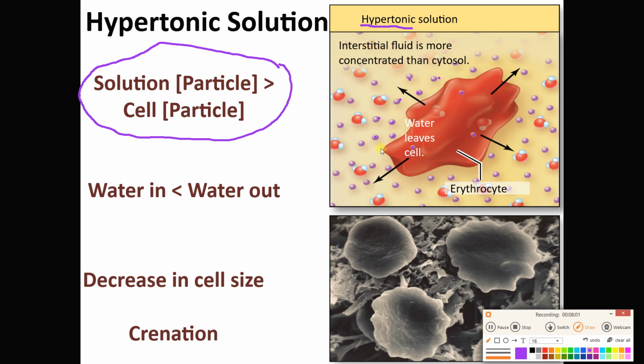So what's going to happen to the cell? It's going to shrink. These cells are shriveling up. The cell gets smaller, and that decrease in cell size is called crenation.